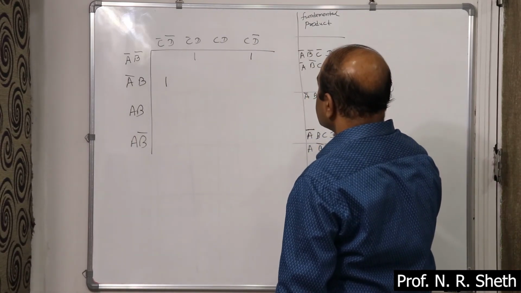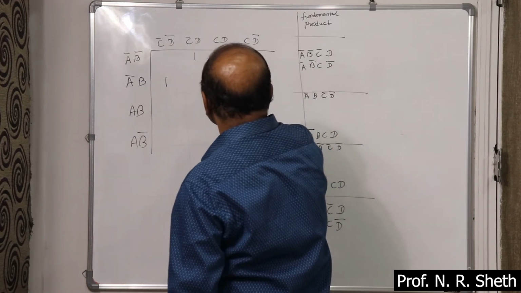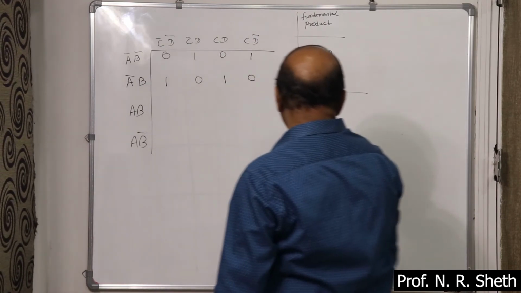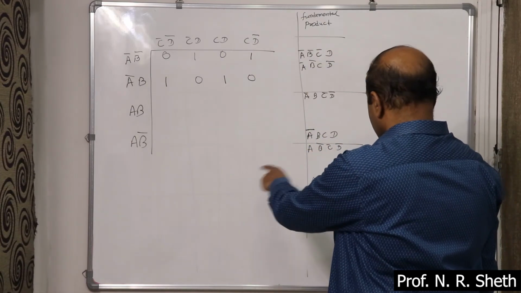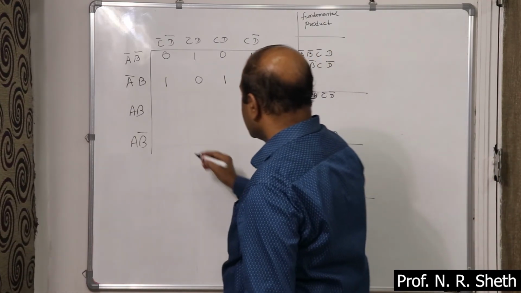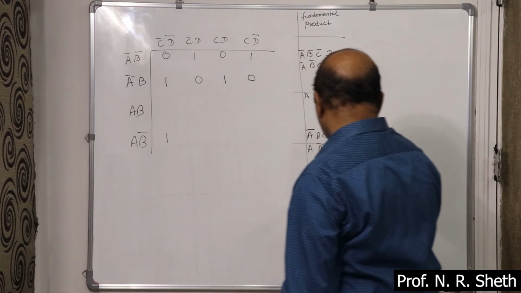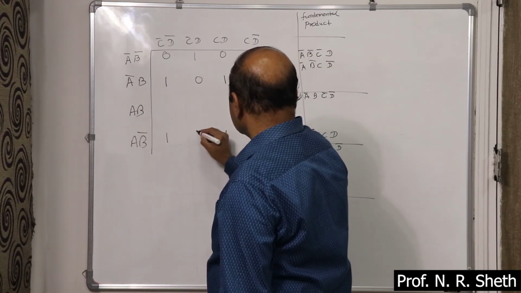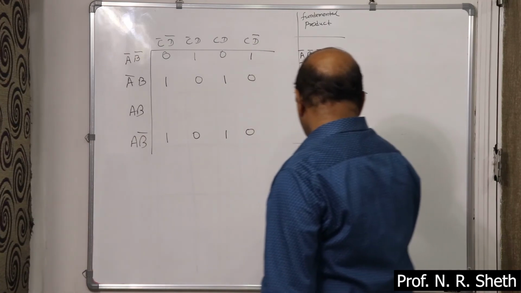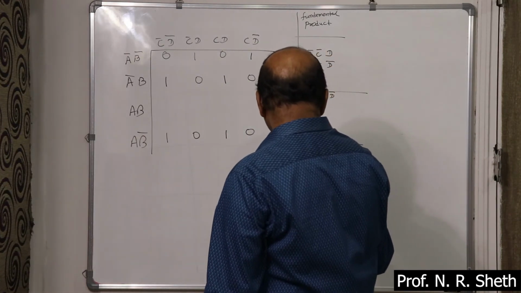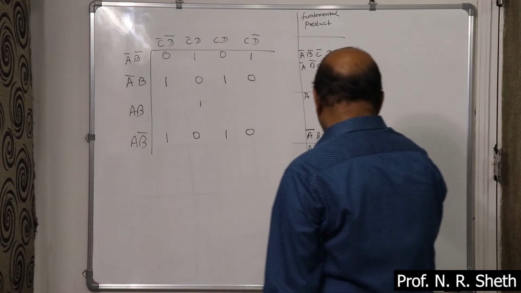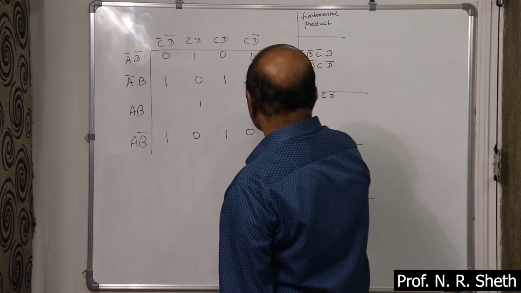A bar, B, C, D means here. So the rest 1, 0. A, B bar, C bar, D bar, and A, B bar, C, D, so these two. A, B, C bar, D and A, B, C, D bar.